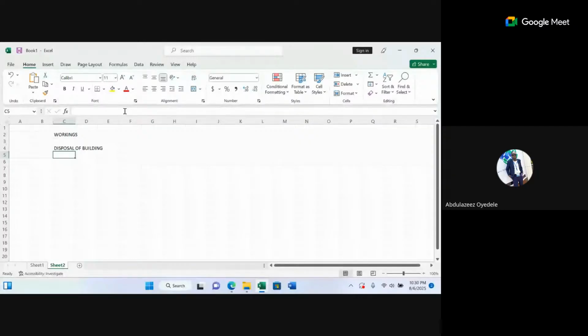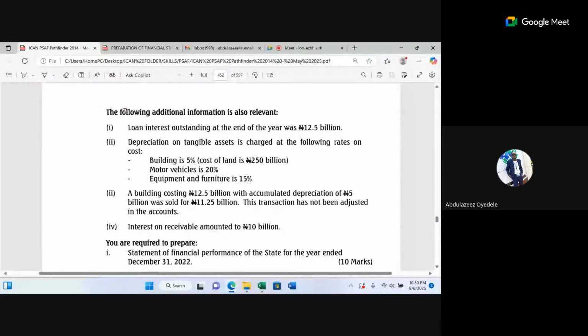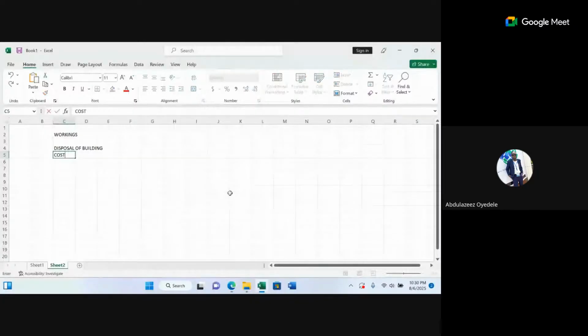So we start with the cost of the asset, in order to get the carrying amount. We are told that the asset that was disposed of cost 12.5 billion. So the cost of that building is 12,500 million.